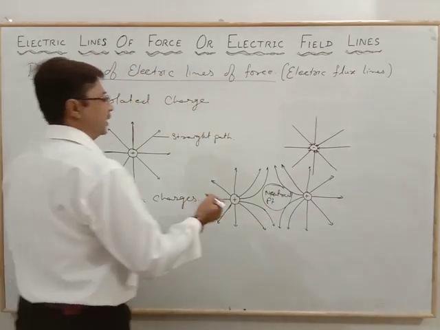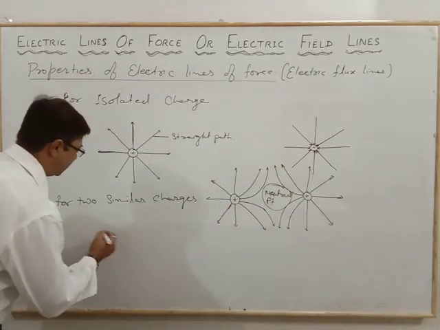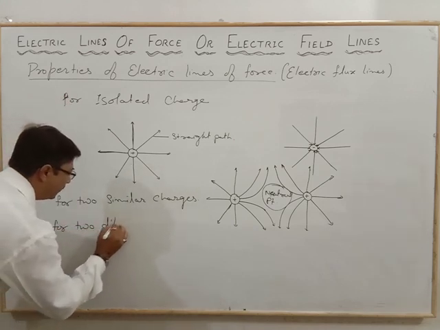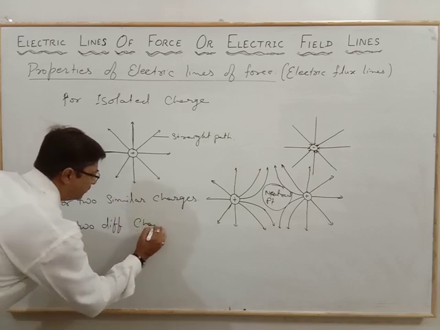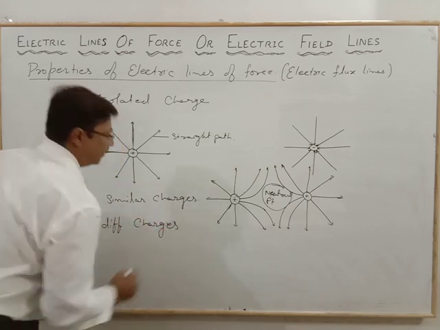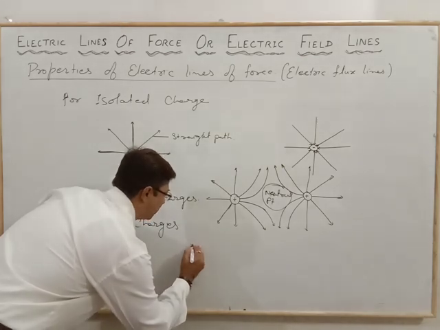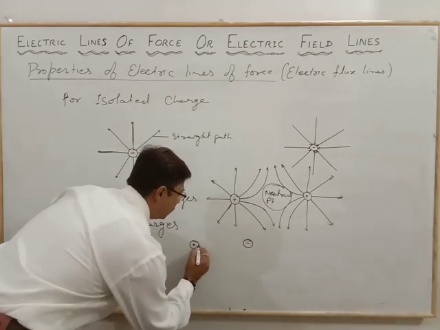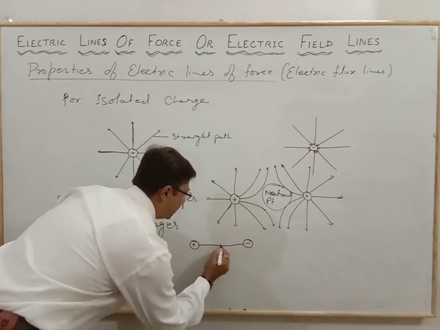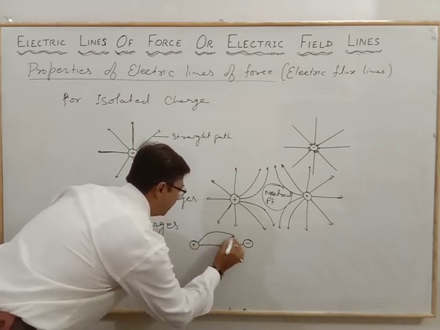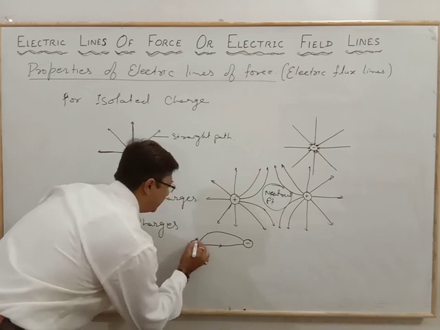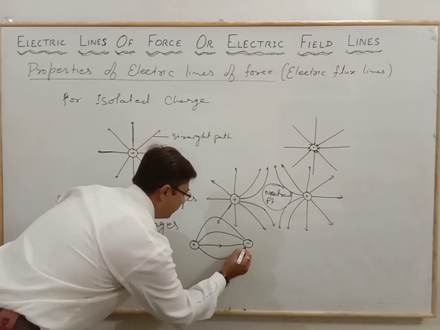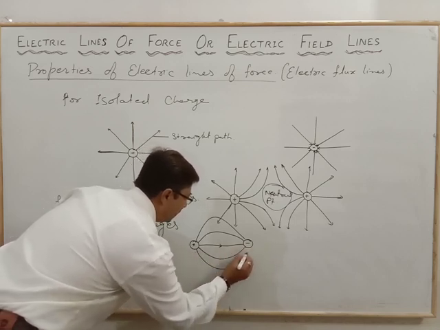But in case of two different charges, suppose positive here and this is the negative. So from positive to negative, it is just like that.